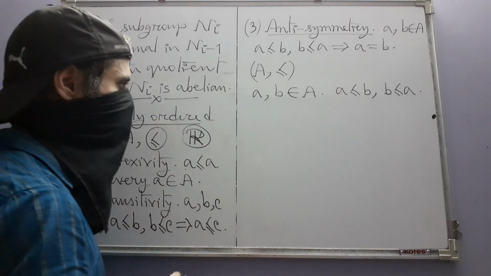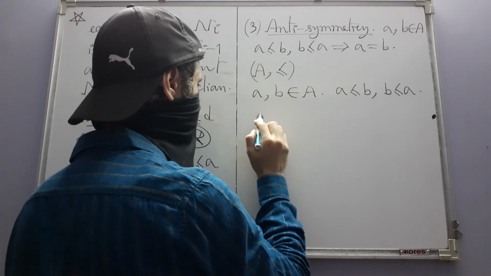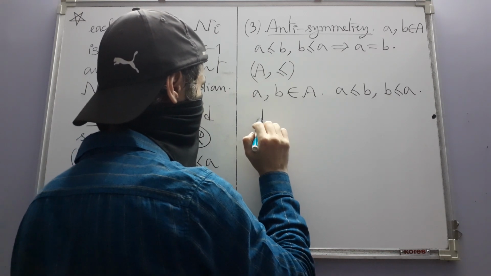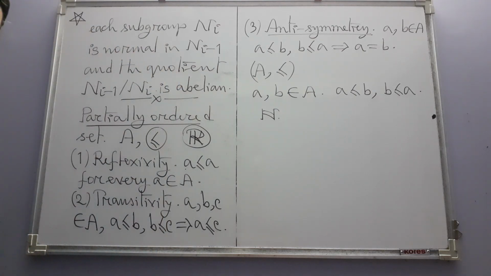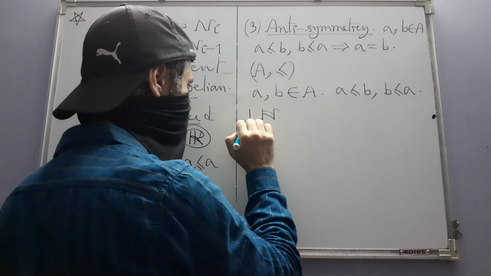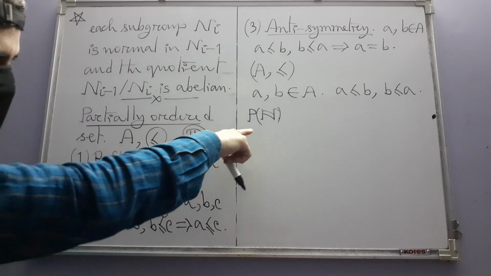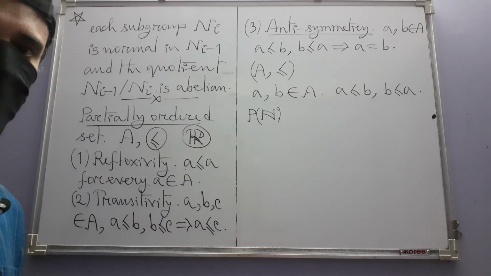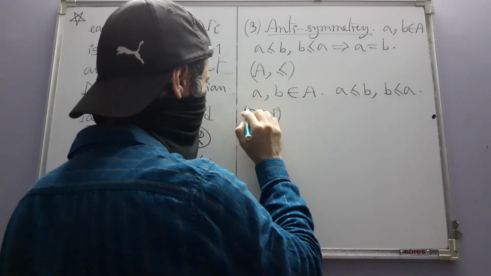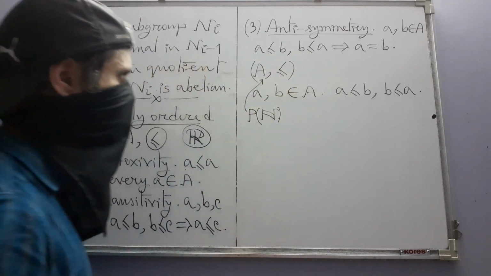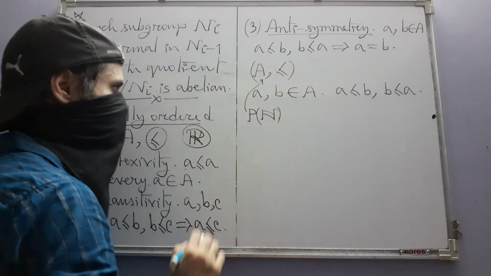One easy example is, for instance, you consider the set of natural numbers. You then have its power set. So in this set you have all the subsets of n. Think of P of n in place of A. And what is this relation?